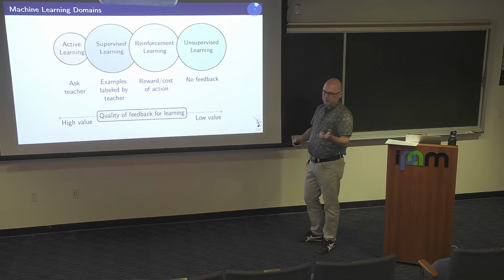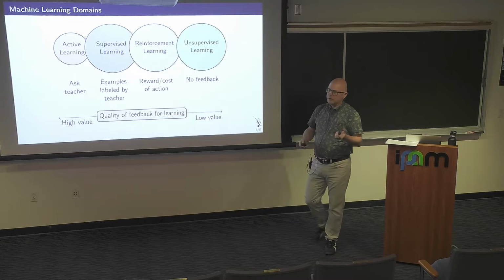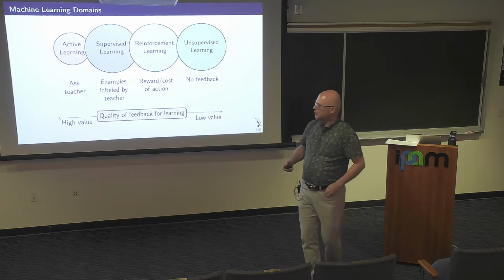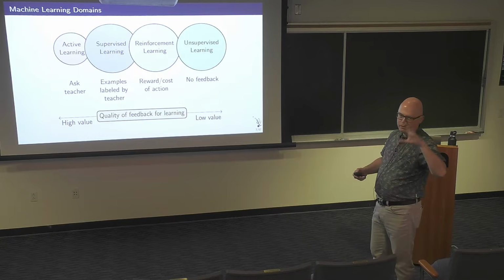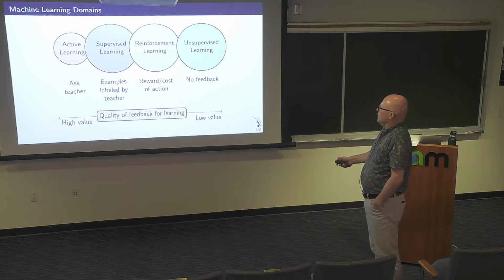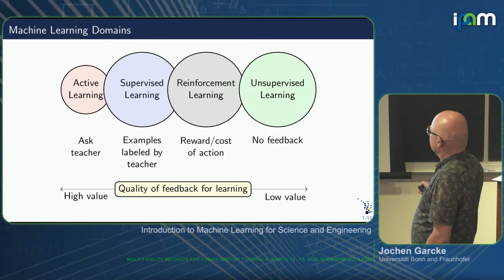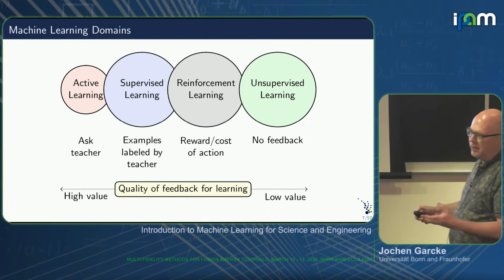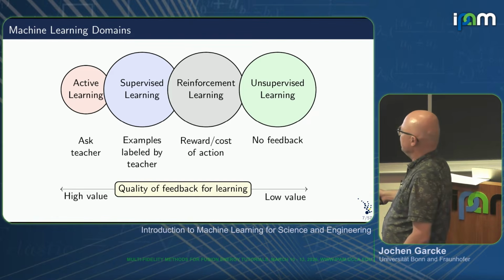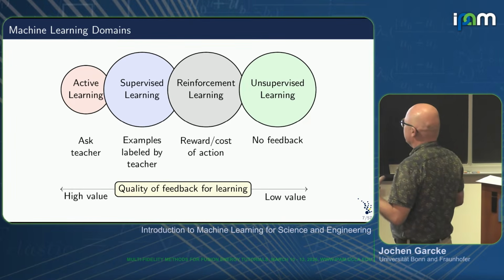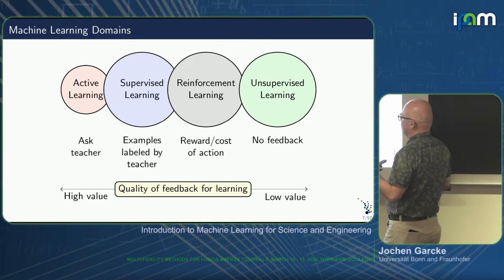A slightly different view to compare these three, and adding another one, is to look at the quality of feedback from, let's say, the teacher. Start on the right-hand side: in unsupervised learning, there's no feedback. I only have the data, and I don't have any more information than my data. In reinforcement learning, I have a reward.